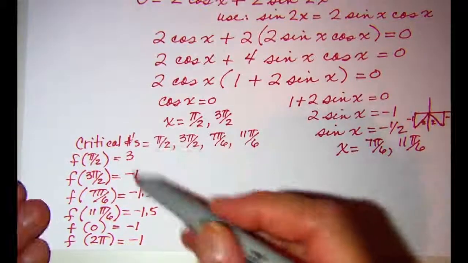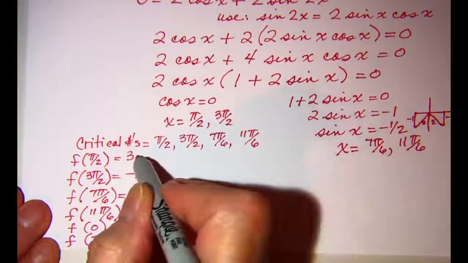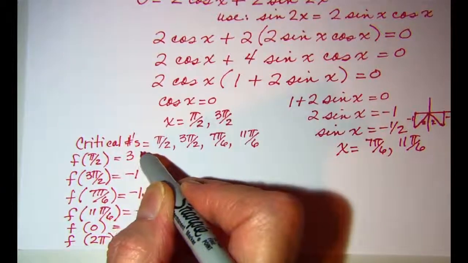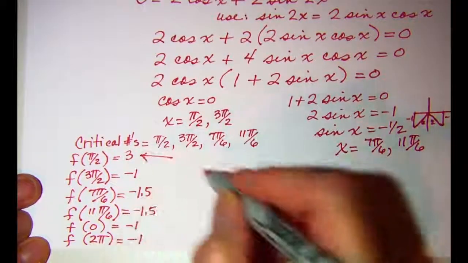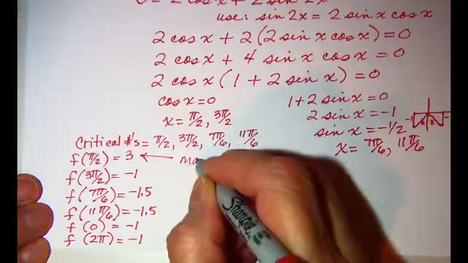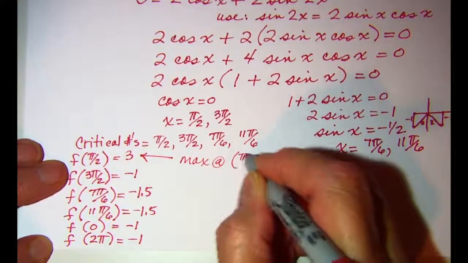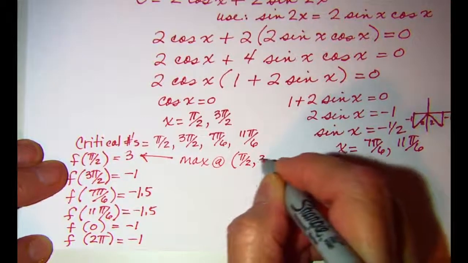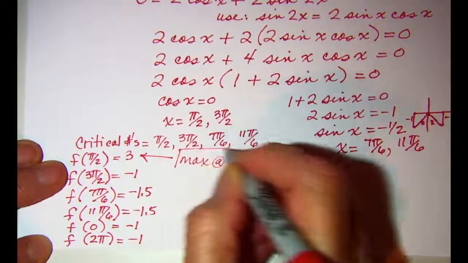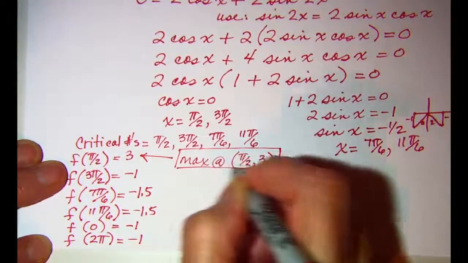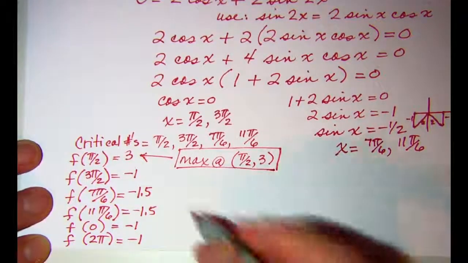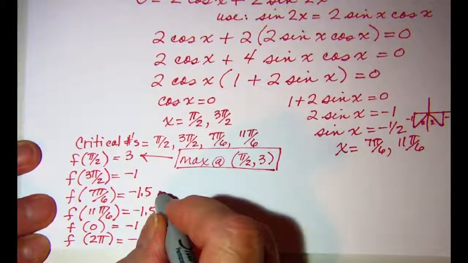So, looks like we have a max right here at pi over 2, 3. And I have 2 mins.